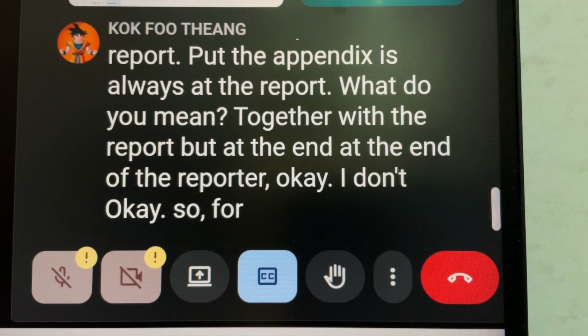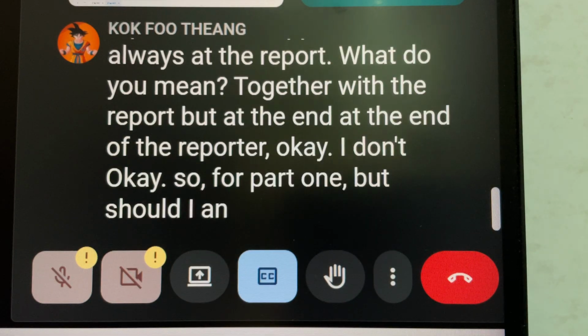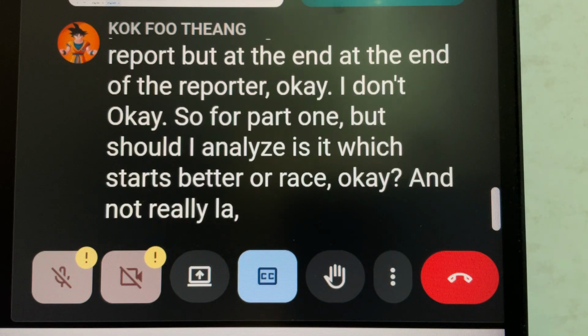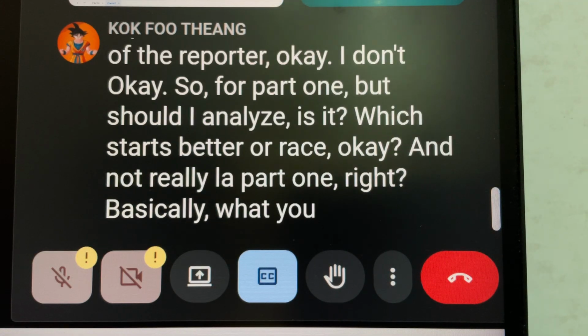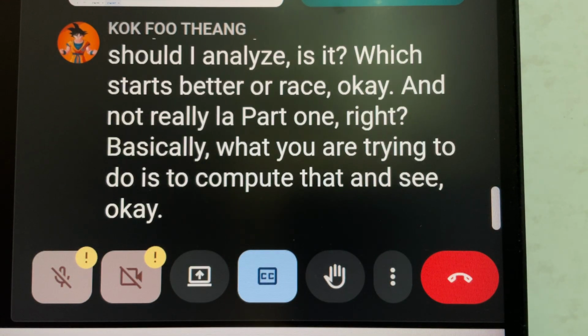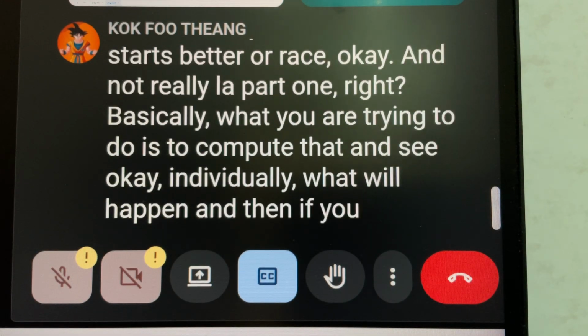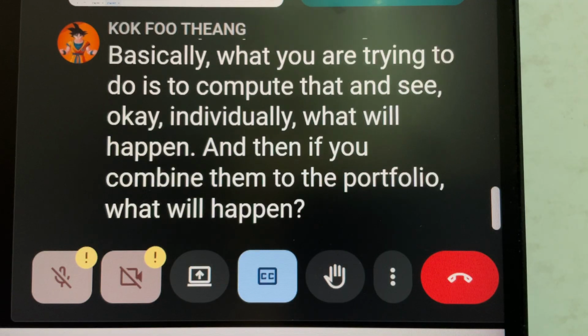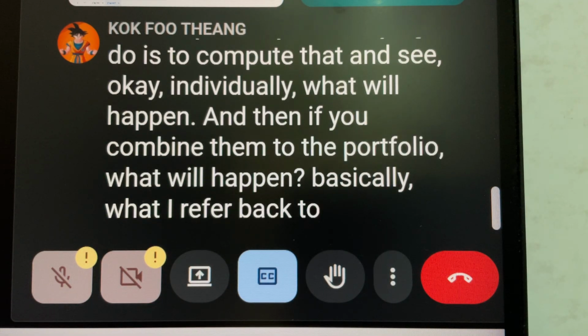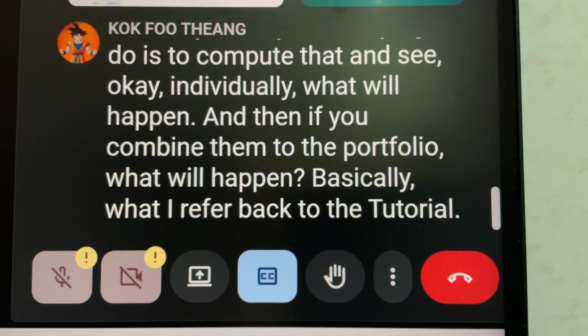For part one, what should I analyze? Is it which stock is better, or risk averse? Not really. In part one, basically what you are trying to do is compute and see individually what will happen, and then if you combine them into the portfolio, what will happen. I refer back to the tutorial. I can't remember the exact tutorial.